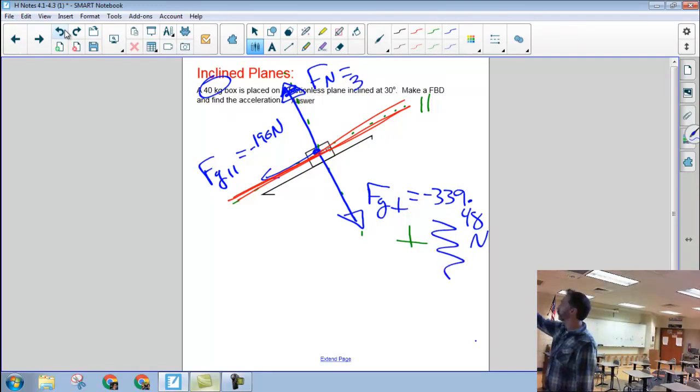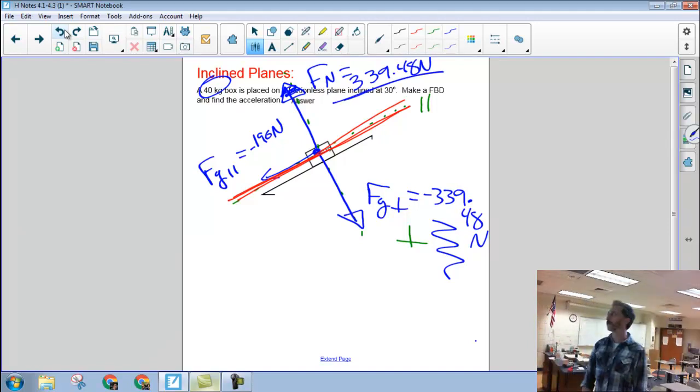So my normal force here is just going to be 339.48 newtons. Those are going to always cancel. Really, the only reason that we need to calculate this is because it's going to be important for problems where there's friction.